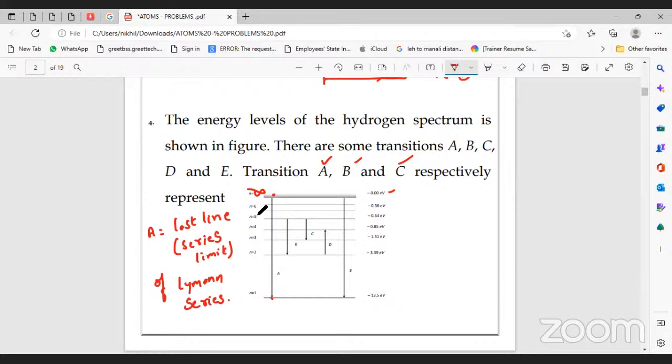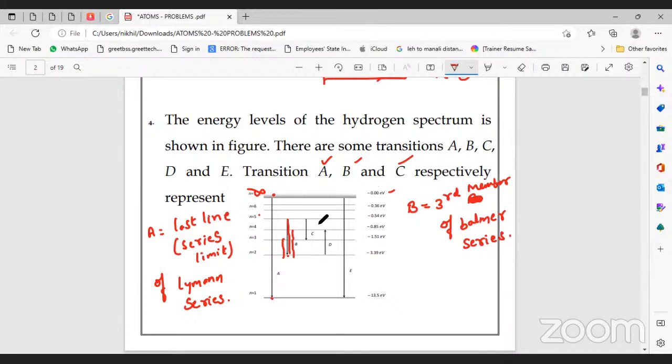B is coming from fifth orbit to the second orbit. Second orbit means Balmer series. This is called the first line, this is the second member. Since it is coming from fifth to 2, it should be the third member of Balmer series.